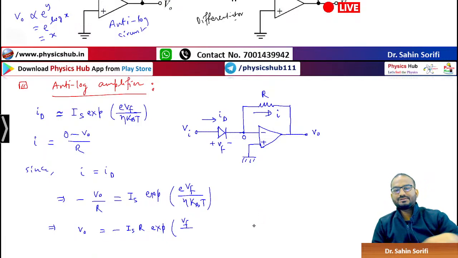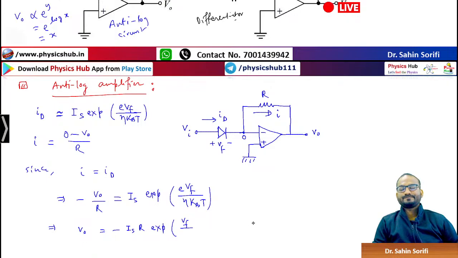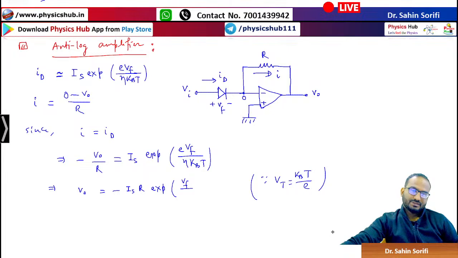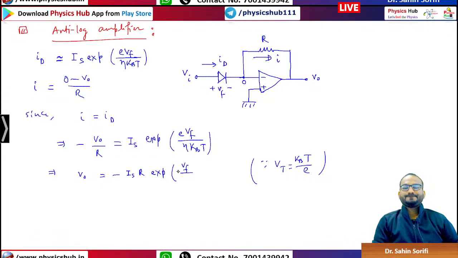We have already introduced this thing. kT by e, so what is this? Voltage equivalent of temperature. It is represented by Vt. You remember 0.026 volt. So eta Vt we can write.